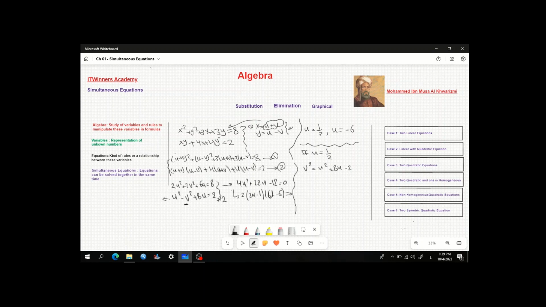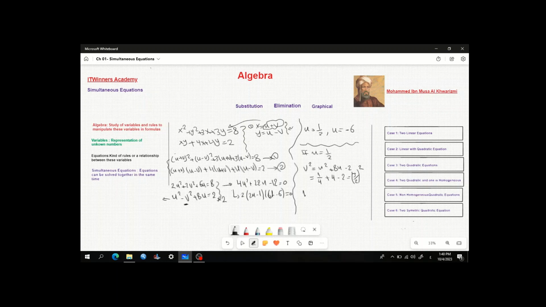So if u equals half, I can write one fourth plus 4 minus 2, so v squared equals nine fourths, that is, 3 by 2 squared.